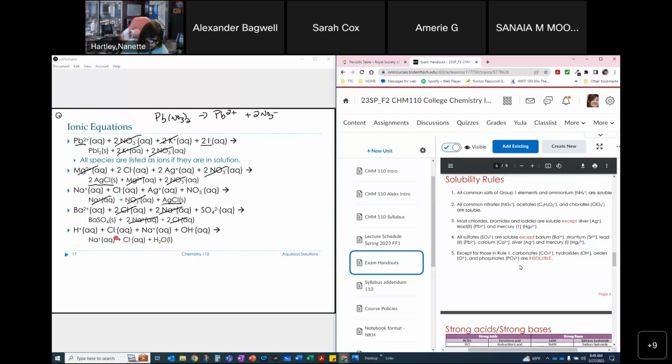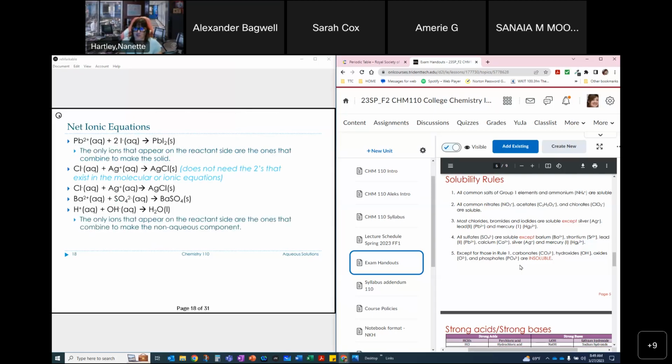The H is part of that. The Na is not. The Cl is not. So those are my spectators there. And the only things that are part of this are the H+ and the OH− going to the H2O. Okay. So those are my spectators. So I would expect that all of those things are going to go away when I talk about those net ionic equations, which shockingly we're going to do here.